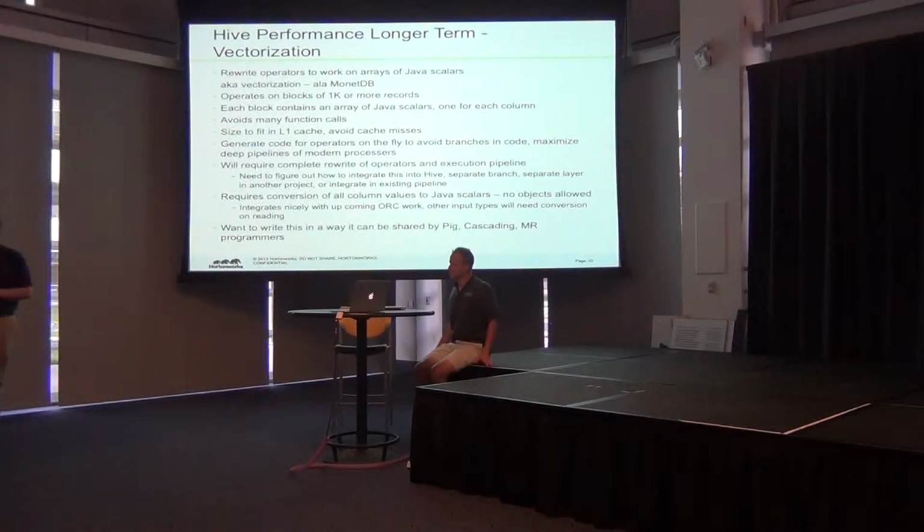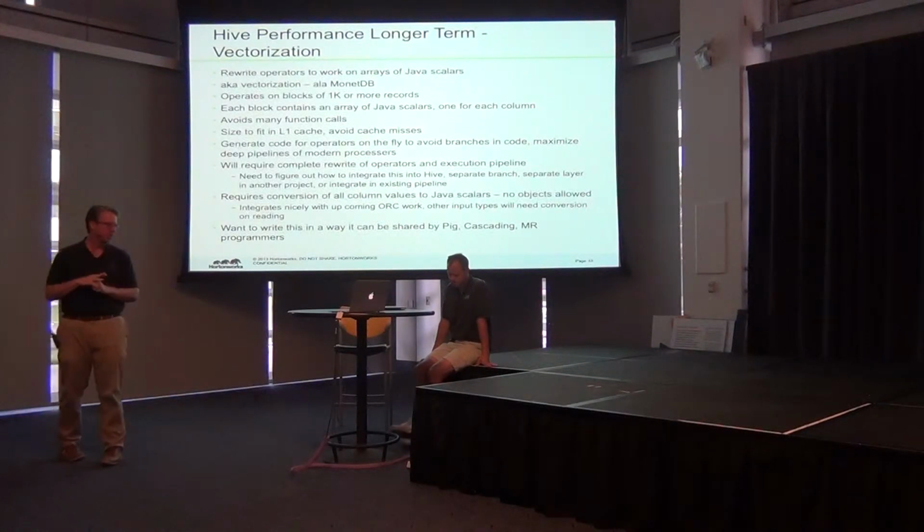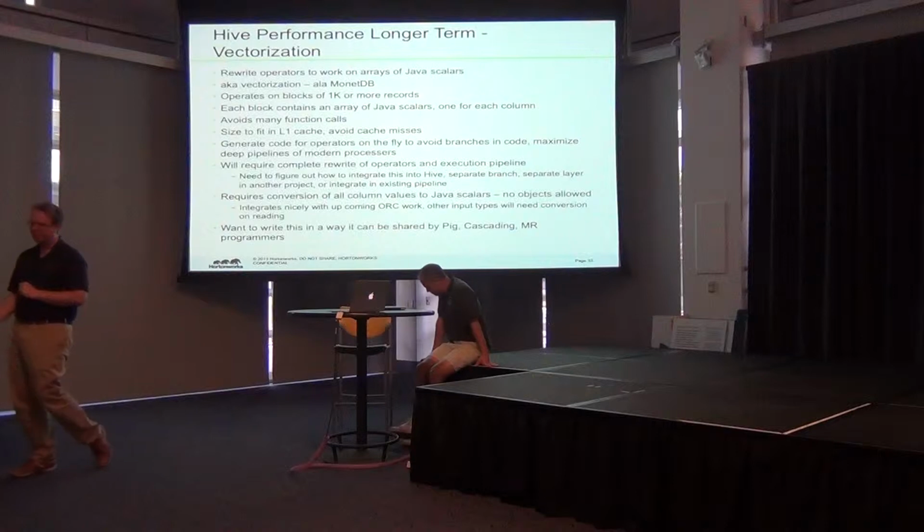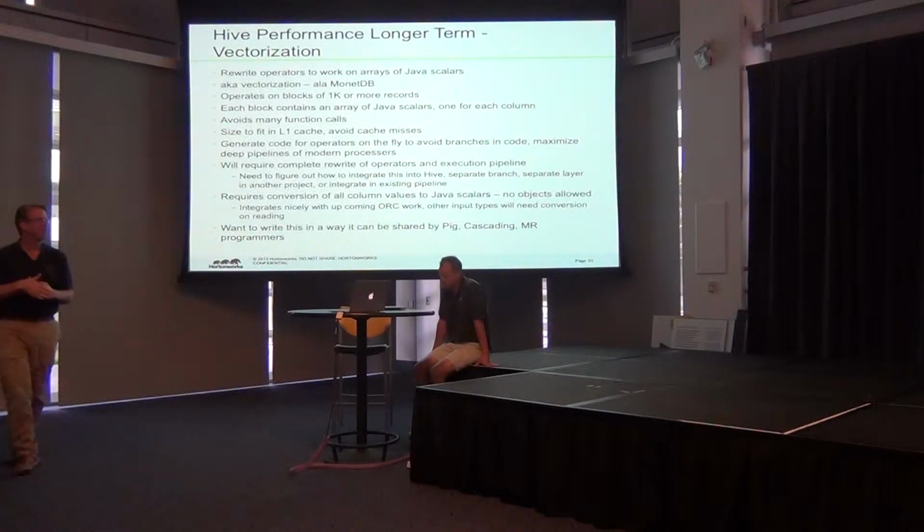Part of the work that we're in the middle of doing right now is moving Hive to take advantage of Tez. Currently, Hive will submit to Tez, but only as MapReduce. So we needed to extend Hive to work on both MapReduce and Tez.